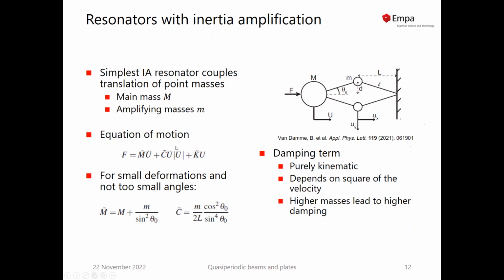In particular, in the damping term. In this publication, the one that's shown here, I show that the damping is nonlinear, basically what you expect from drag, not what you expect from viscoelastic materials, and that the damping coefficient is a function of these inertia amplifying masses here in the edges.